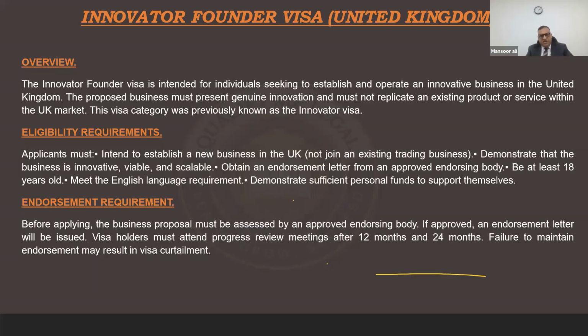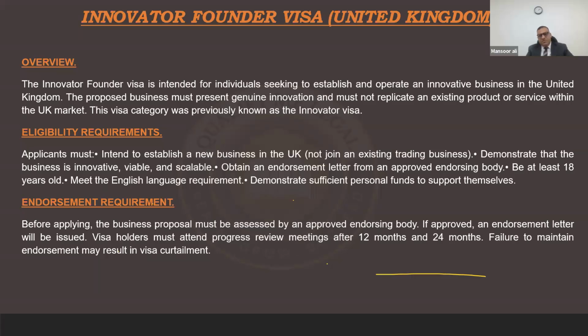If your business idea is related to catering service, you have a different endorsement body. If your idea is of a technical nature, then obviously you have a different body. Different bodies within the UK approve your endorsement.